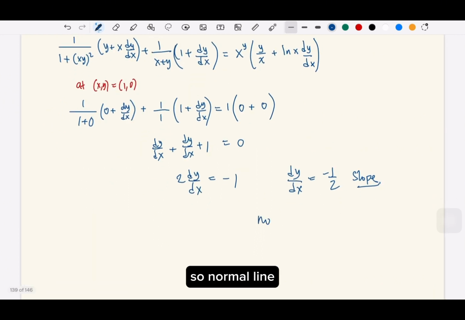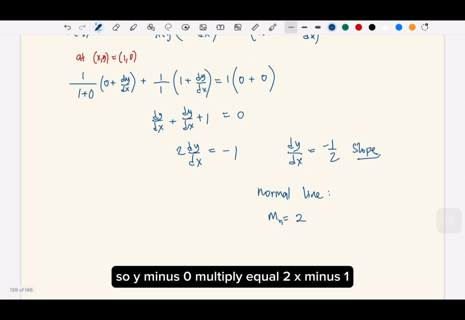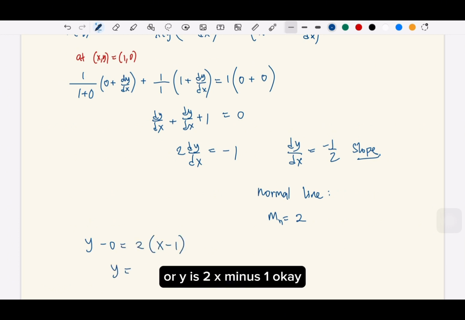So the normal line slope is 2, right? So y minus 0 equals 2 times x minus 1, or y is 2x minus 1.